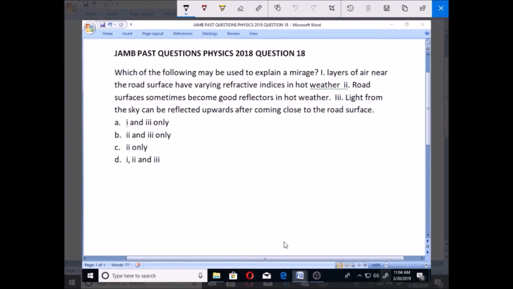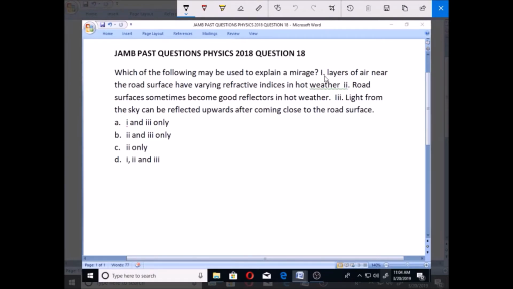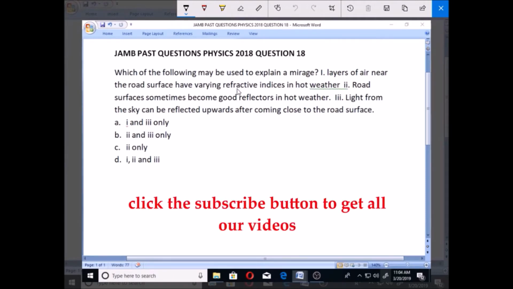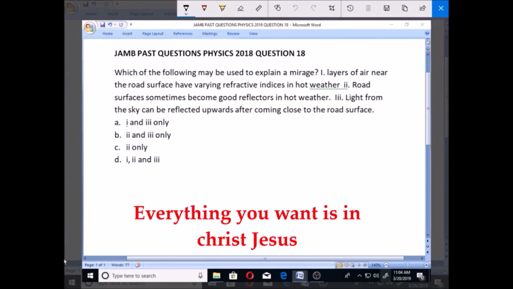Let's look at this question number 18 for JAMB past question Physics 2018. Which of the following may be used to explain a mirage? I. Layers of air near the road surface have varying refractive indices in hot weather. II. Road surfaces sometimes become good reflectors in hot weather. III.